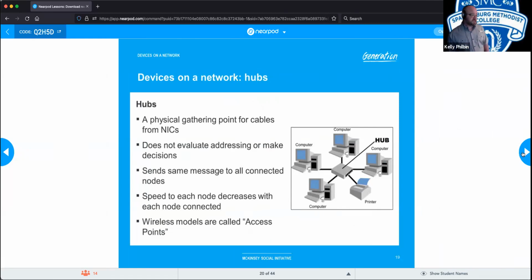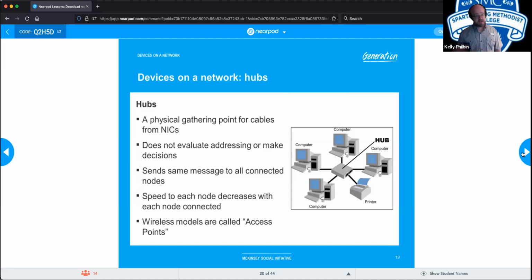It is a physical gathering point for cables on the NIC. It does not evaluate who is sending and who wants the information. It literally just screams it out to everybody. So if I send a signal into a hub, it sends that exact same signal out every other section of the hub.